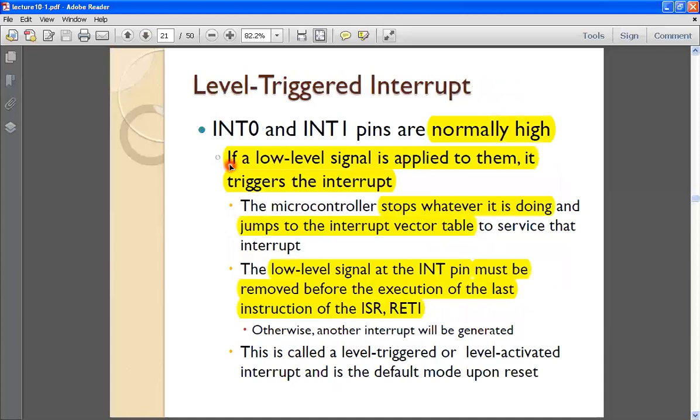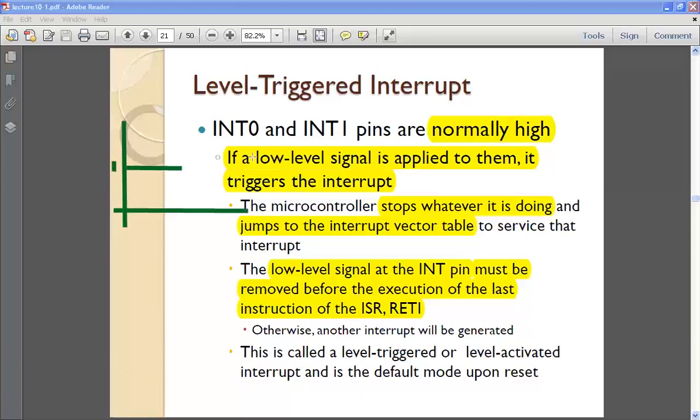By default, the status of the port is always high, like this. Let us consider that the status of the port is always high at any time, so INT0 and INT1 are normally equal to 1.